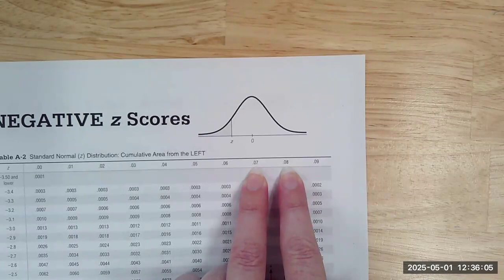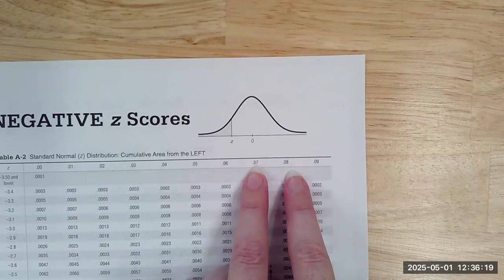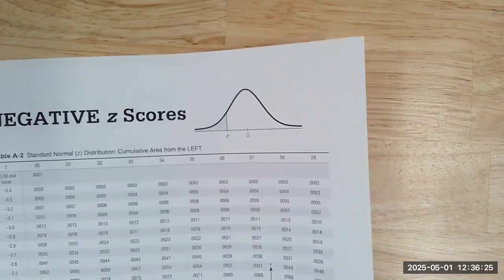When that happens, we're going to go with the smaller number and then put a 5 after it. So you're starting with negative 0.675 is what you're going to write because we're going midway between the 7 and the 8. So negative 0.675 is the number we want to write down.